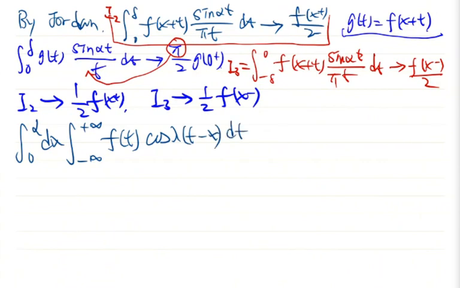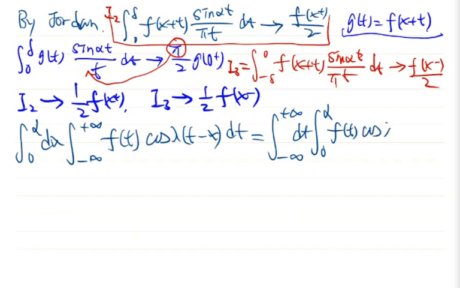This integral, we switch the order of integration, writing it as the integral from minus infinity to positive infinity dt, from 0 to alpha, f(t) cosine lambda(t minus x) d lambda.